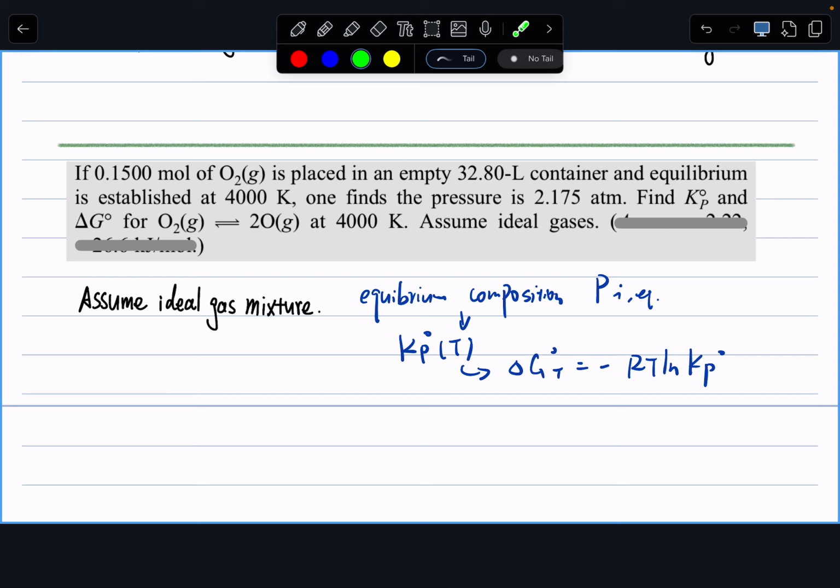We have pressure, we also have volume. So the container itself is 32.80 liter. Using PV equals nRT, we can easily solve for the total number of species at equilibrium to be PV over RT.